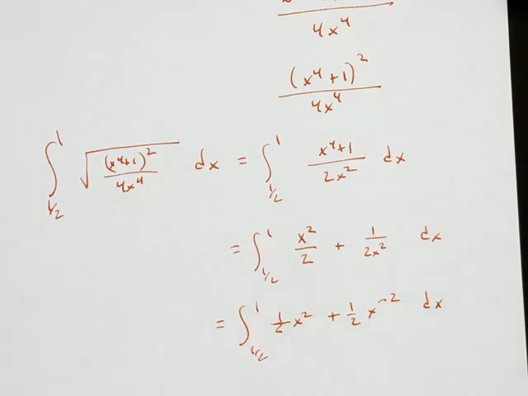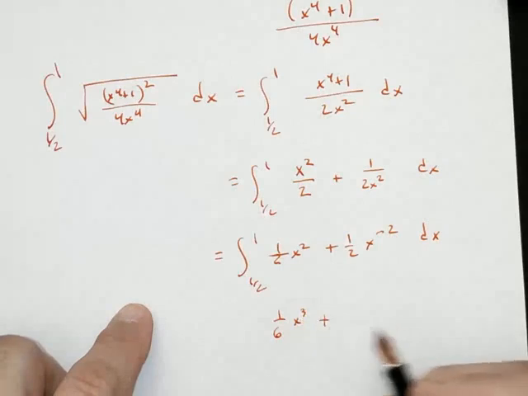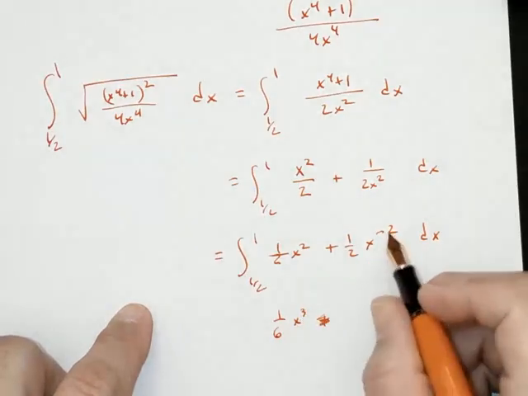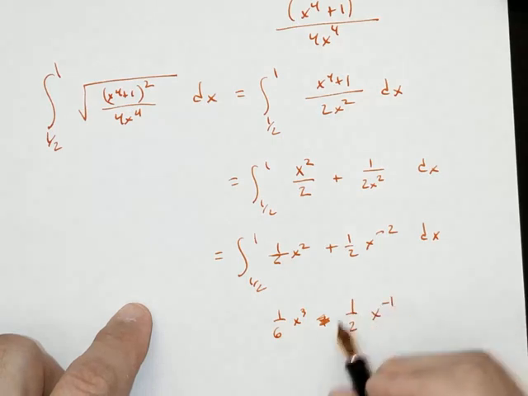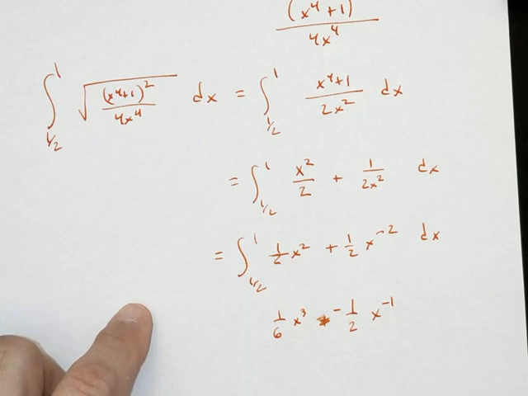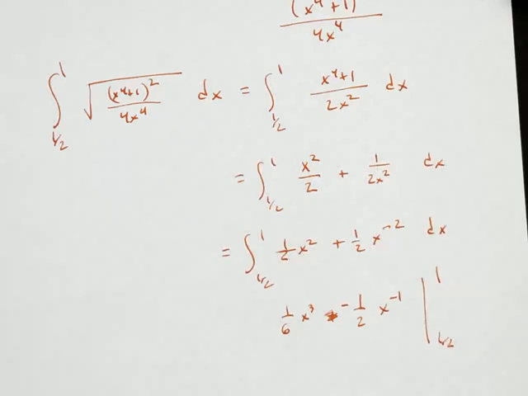What's the antiderivative of x squared? 1/3 x cubed. But I also have a 1/2, so it's 1/6 x cubed. Antiderivative of x to the negative 2 is x to the negative 1 over negative 1. I get a minus sign instead of a plus. And now I can plug in my numbers.